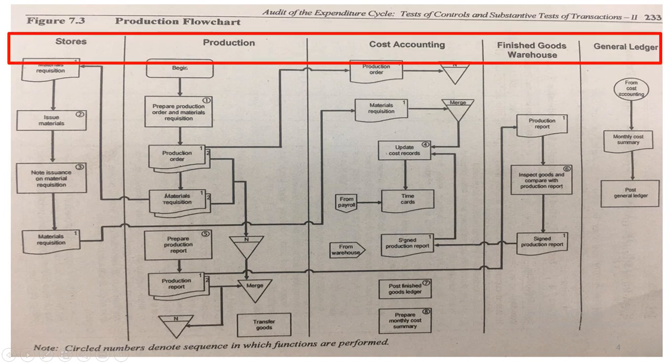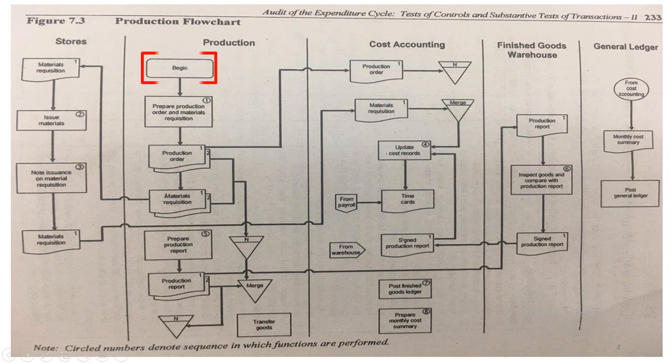So each department has its own role. So for the store, production, cost accounting, finished goods warehouse, and part of cost accounting is the general ledger. And let's start with the production. So production, to begin with, the production department will then prepare production order and materials requisition in 2 copies.